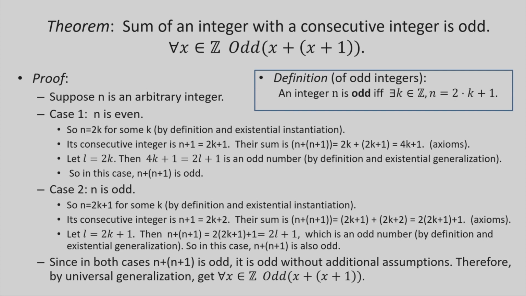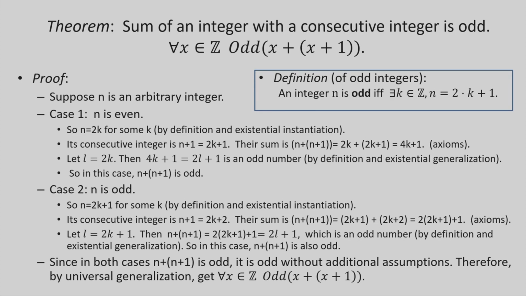And in this case, the number l that witnesses that this is an odd integer is 2k plus 1. What I mean is that we could write our number n plus the next thing over in the form 2l plus 1, where l is 2k plus 1. Now we can apply the definition, existential generalization, and we again get that n plus n plus 1 is odd.